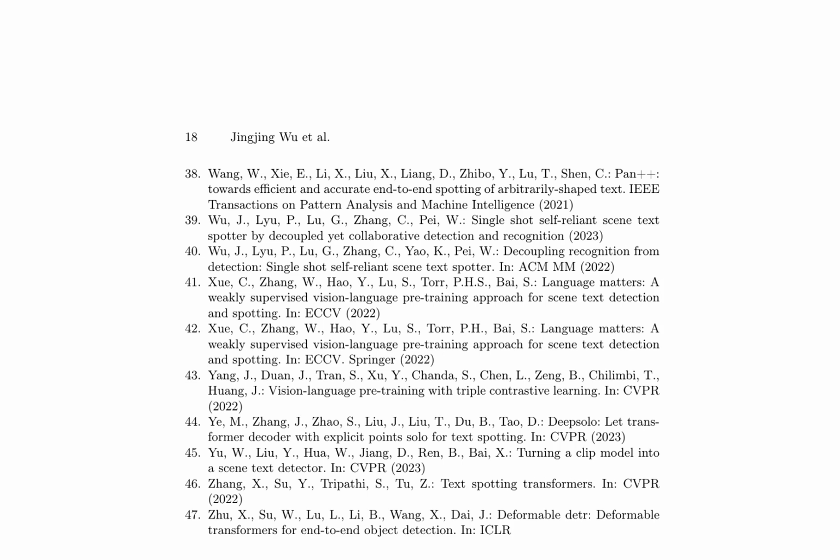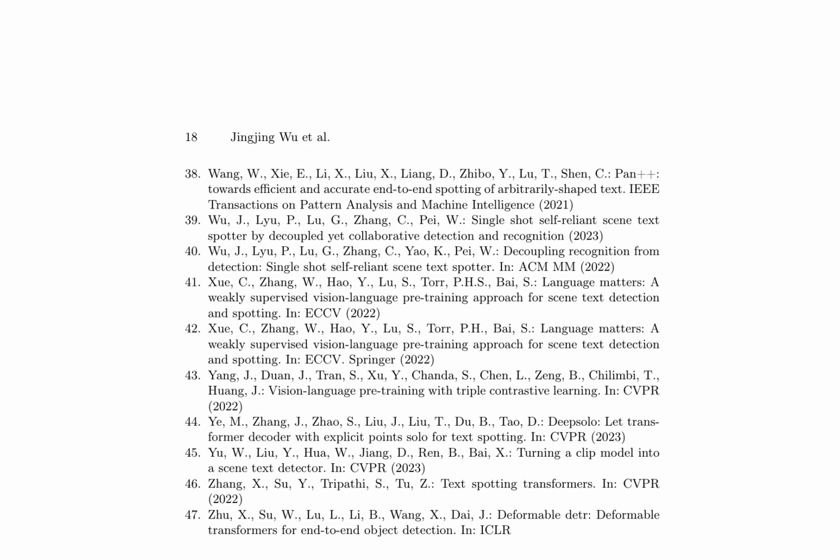Scene text spotting has witnessed significant advancements in recent years, with a focus on end-to-end spotting of arbitrarily shaped text, decoupling recognition from detection, and vision language pre-training approaches. PAN++, proposed by Wang et al. in 2021, is an efficient and accurate method for end-to-end spotting of arbitrarily shaped text.